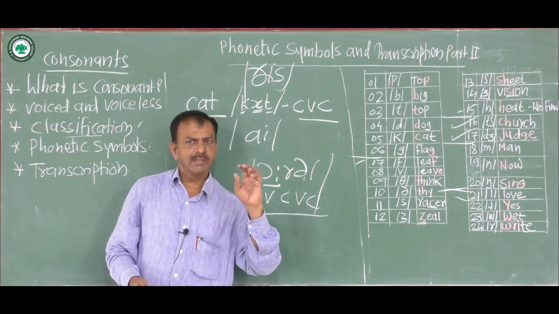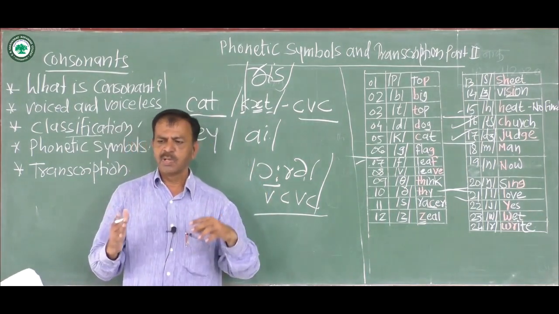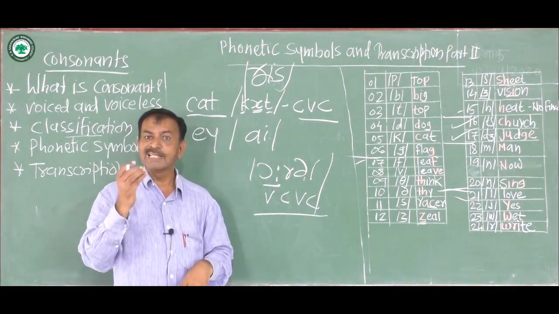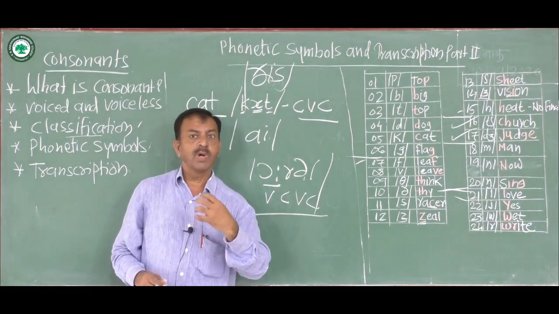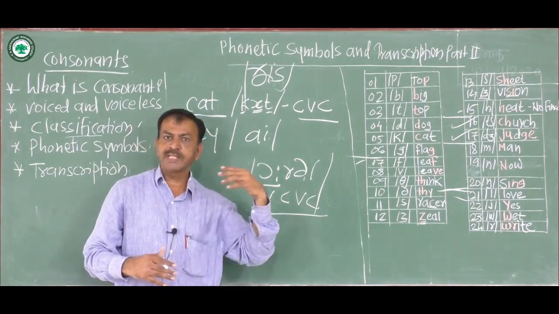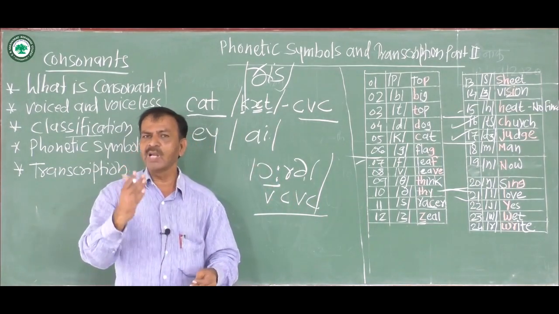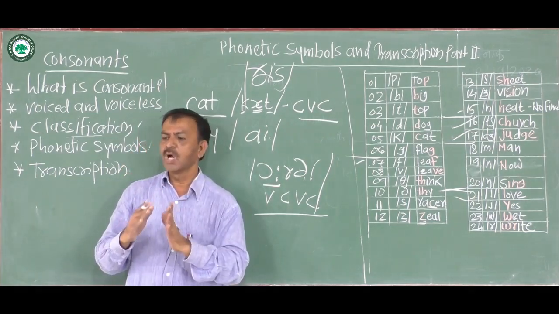It is not garage the common way, but garage. Not secret the common way, but secret. Or we say college. It is not pronounced the common way. K is aspirated in college.